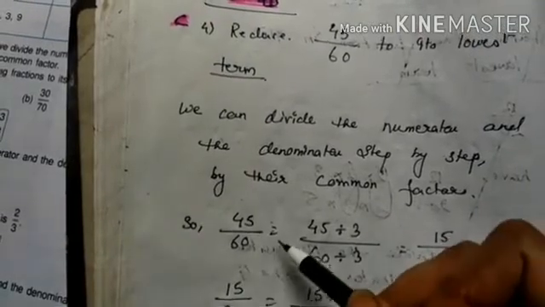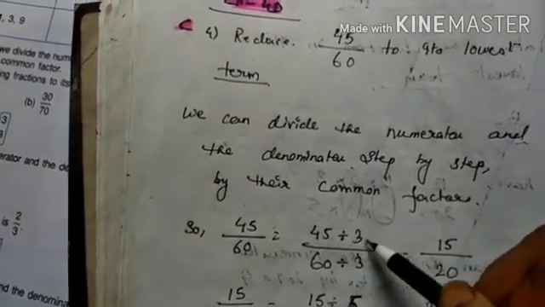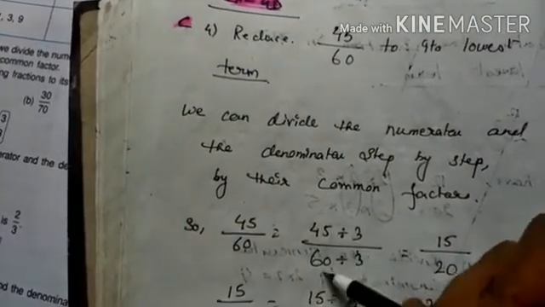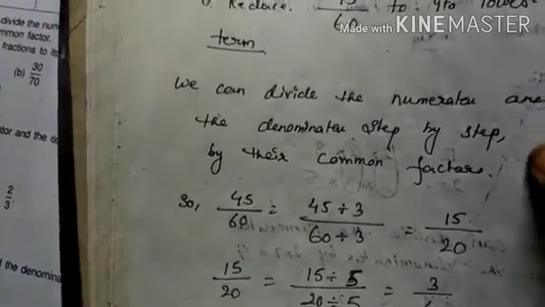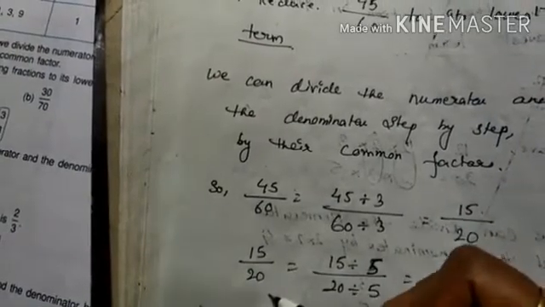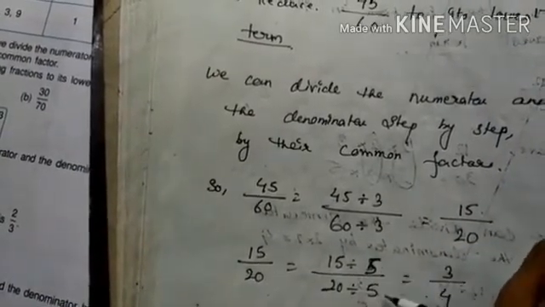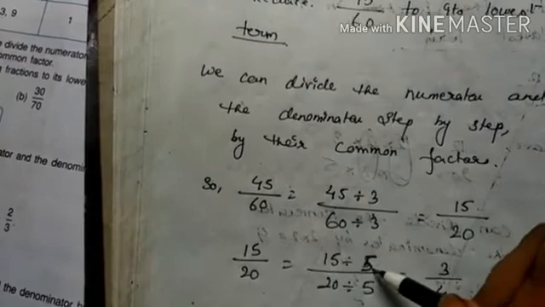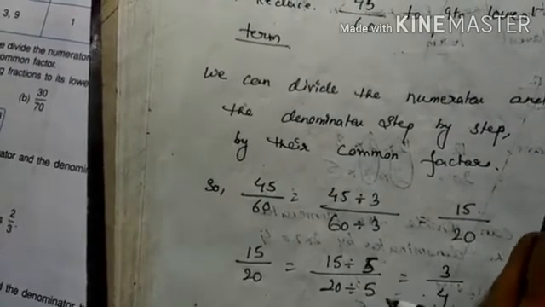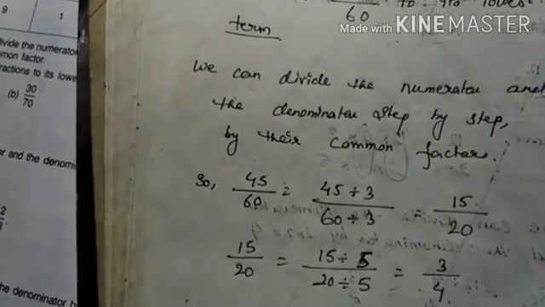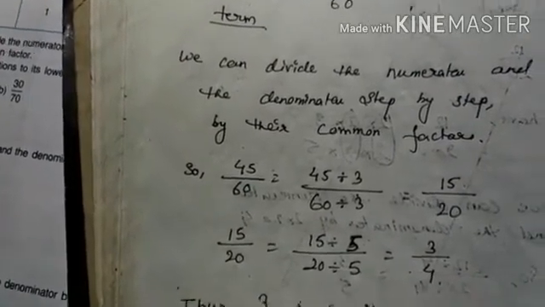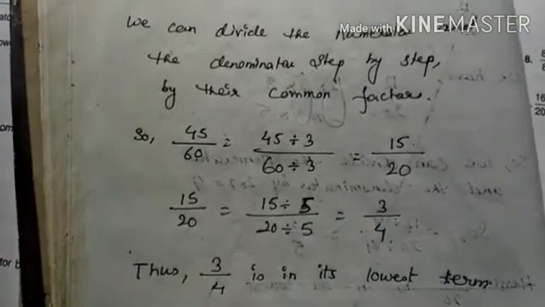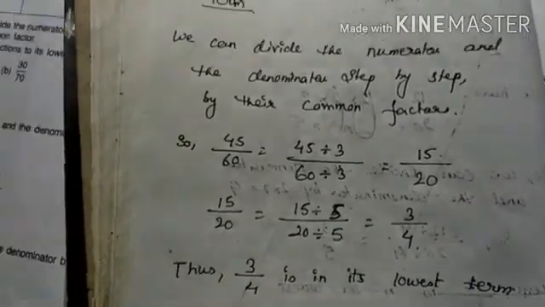When 45 is divided by 3 and 60 divided by 3, we get 15 by 20. Now 15 by 20, when divided by 5 in both the numerator and the denominator, gives 3 by 4. So 3 by 4 is in its lowest term.